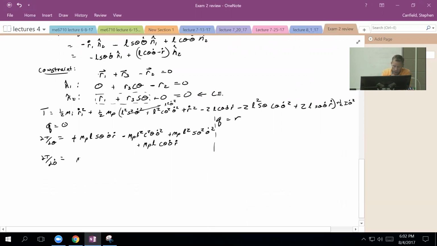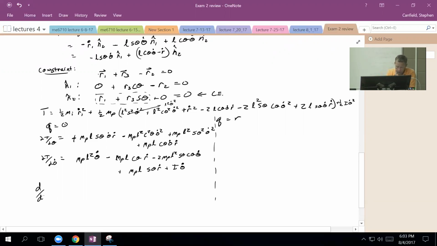I get a MPL squared theta dot, minus L MPL cos theta R dot, minus 2 MPL squared sine theta cos theta theta dot, plus MPL sine theta R dot, and finally plus I theta dot.